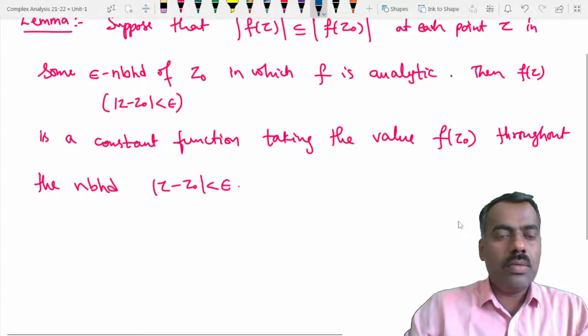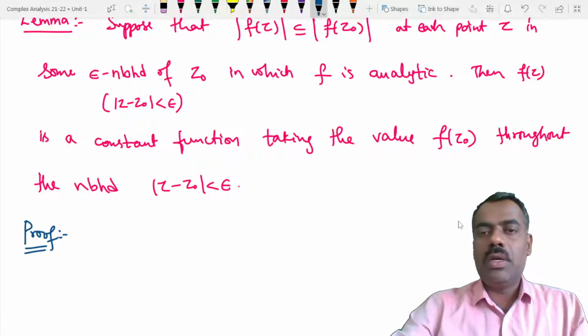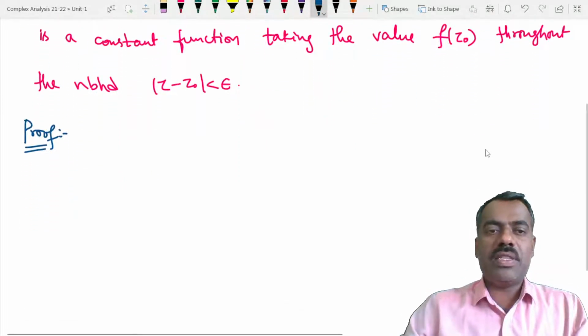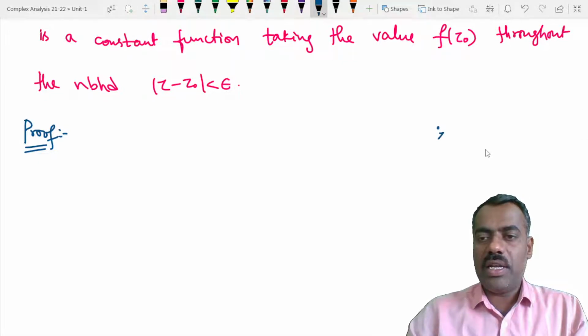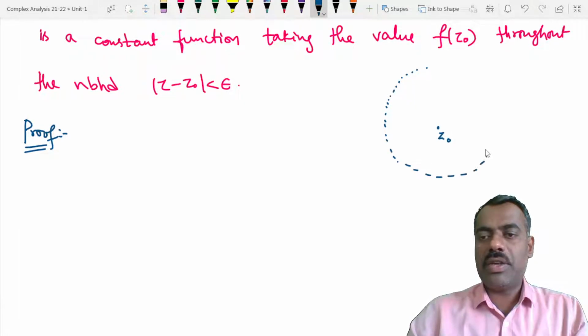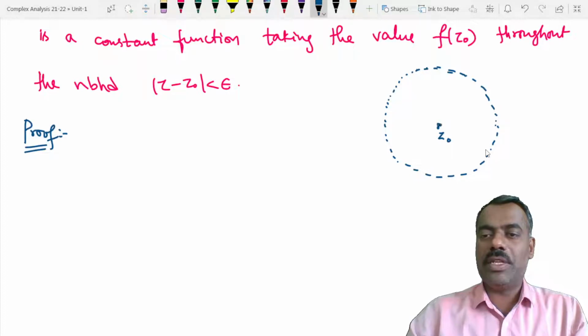We'll prove this. So let me draw this picture first. What we have here is a z naught. Then we have a neighborhood, so let me draw it a little bigger. Assume it has equal sides.